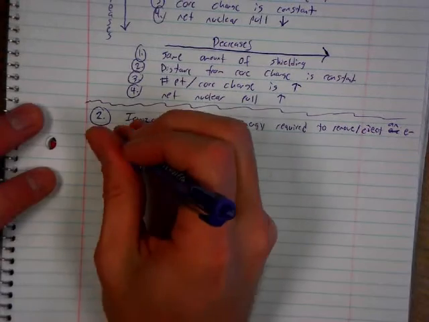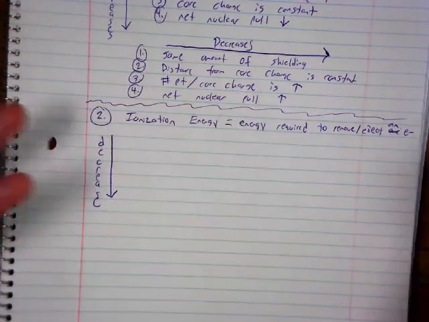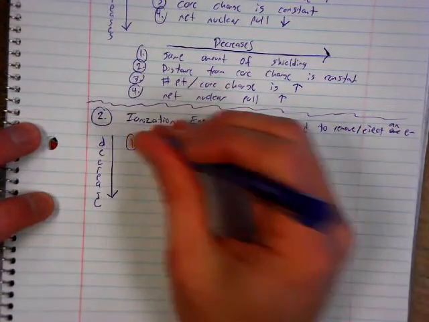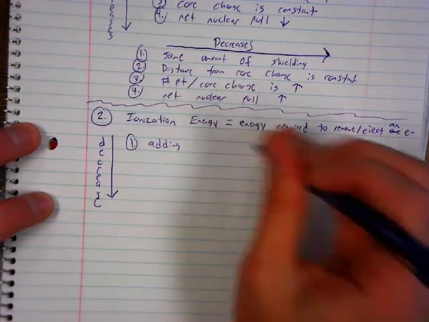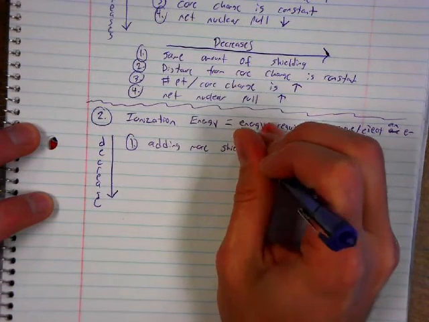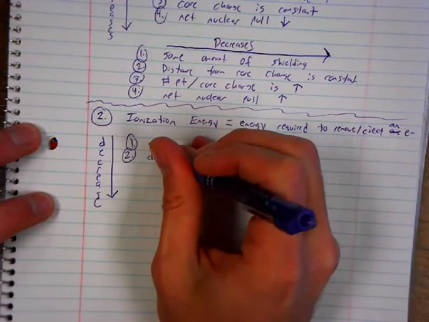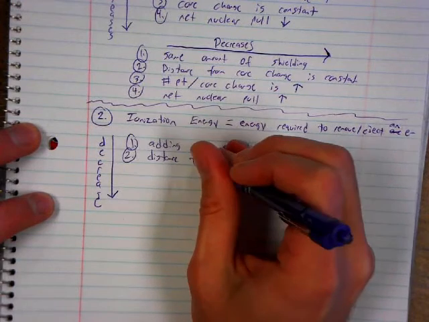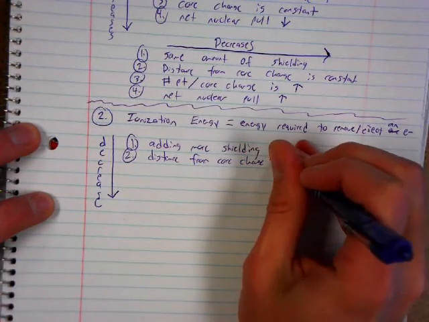It's going to decrease. You got it. Why? What am I adding as I'm moving down the group? Distance. How am I adding distance? I'm adding more shielding, which means my distance from the core charge increases.